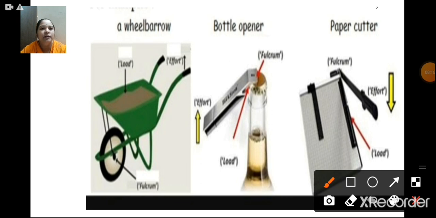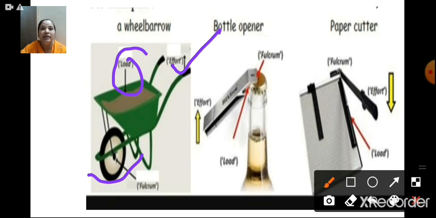See here, this one we have already discussed. This is the fulcrum, this is load and effort. So the load is in the middle of fulcrum and effort in the second class lever.